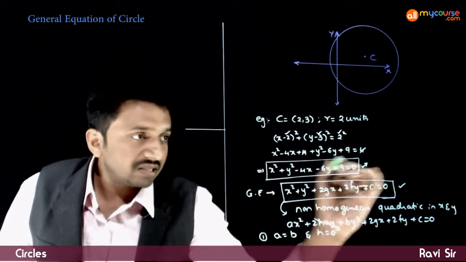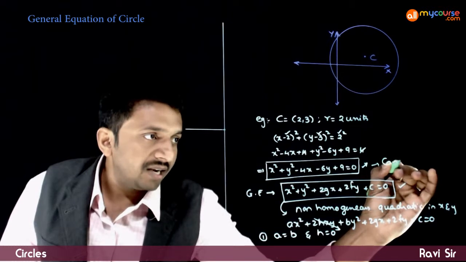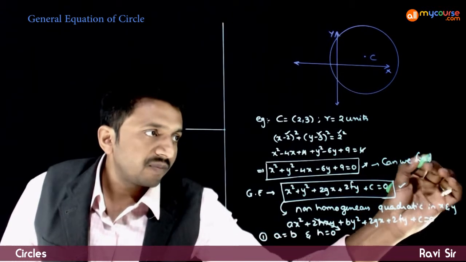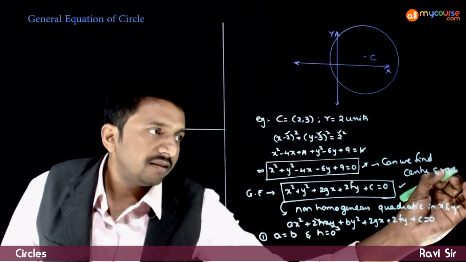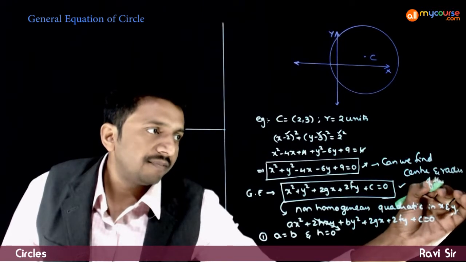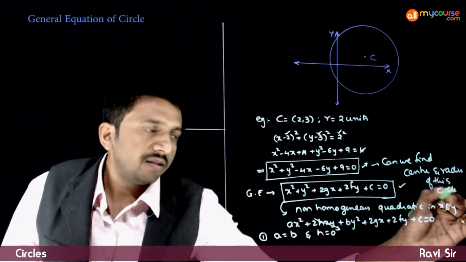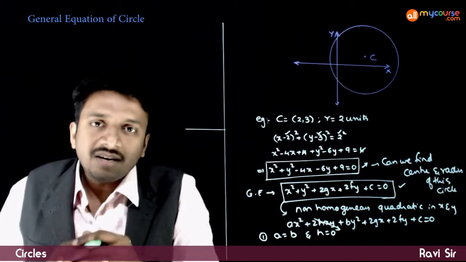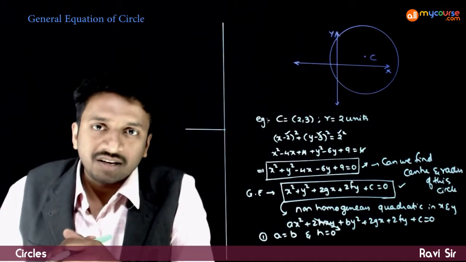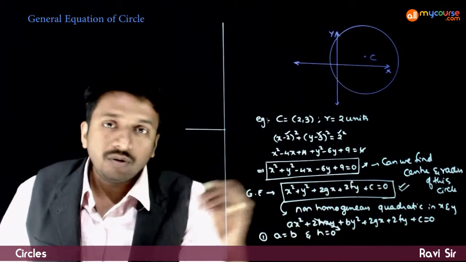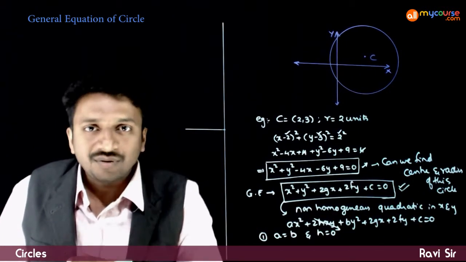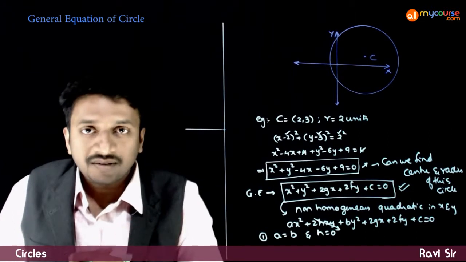Now the question is, can we find the center and radius of this circle? So this is what you need to understand for a general equation of a circle. If a general equation of a circle is given, how do we find the center and radius of the circle? So let us go into that.